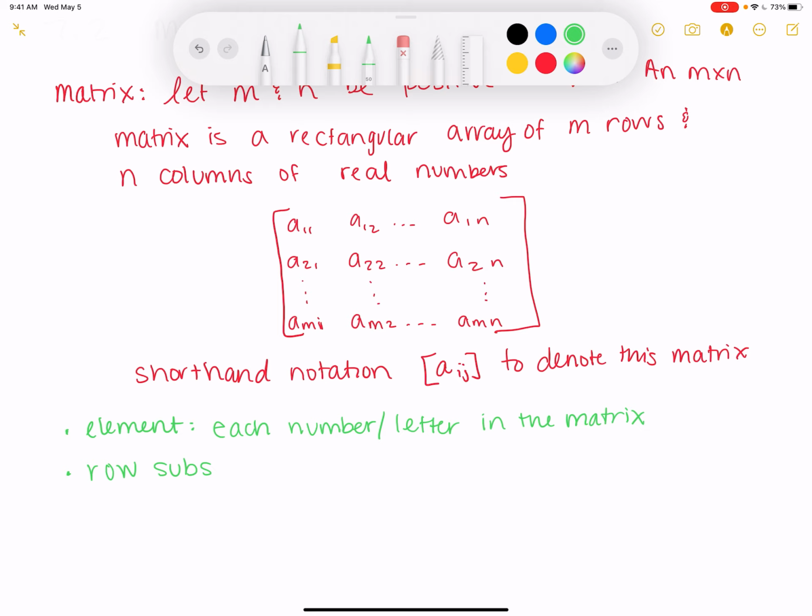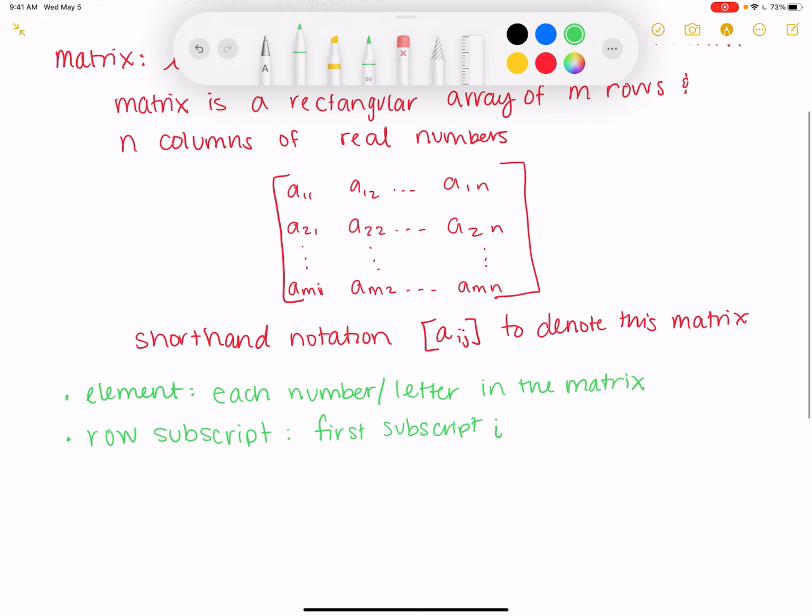A row subscript is the first subscript I. So when we're talking about a matrix, we always say rows first and then columns. And then the column subscript is the second subscript J.